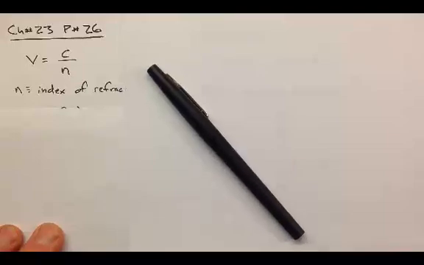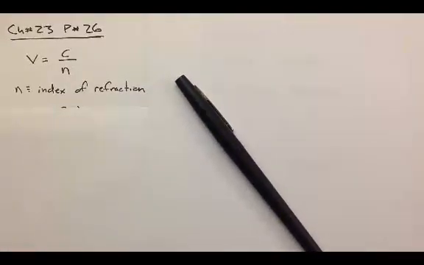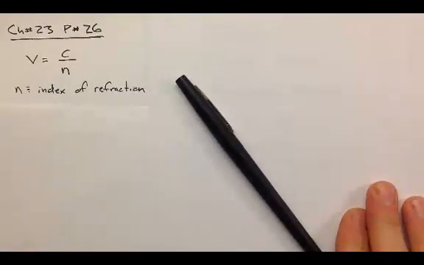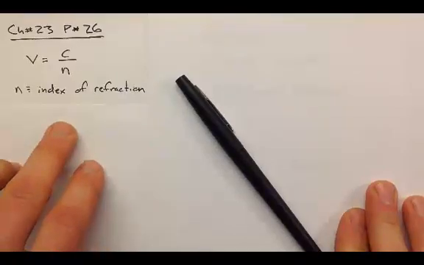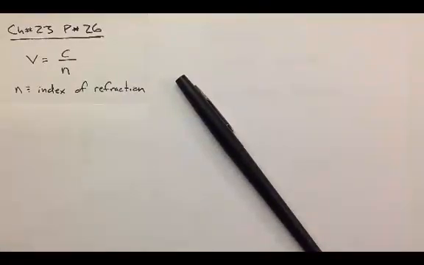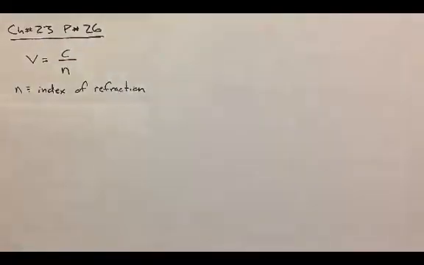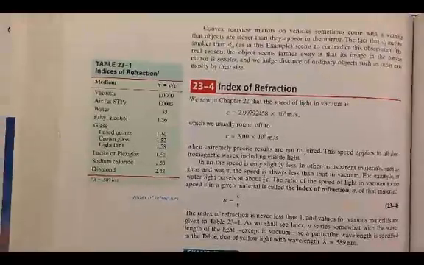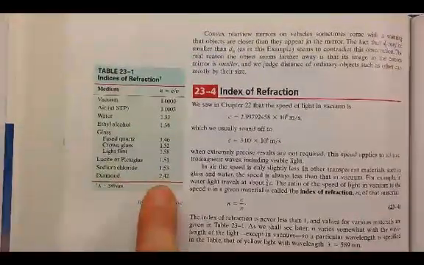Now, the n value, which is just a number, is called the index of refraction of the substance. Refraction is the bending of light, okay? So light changes speeds, and it slows down. It always slows down. The vacuum speed of light is the fastest speed there is, but then light slows down when it goes through other substances.